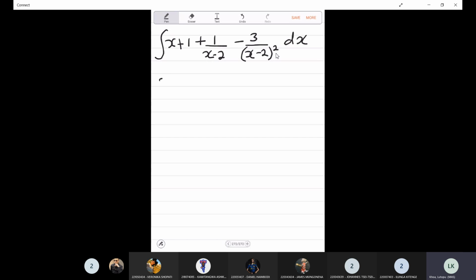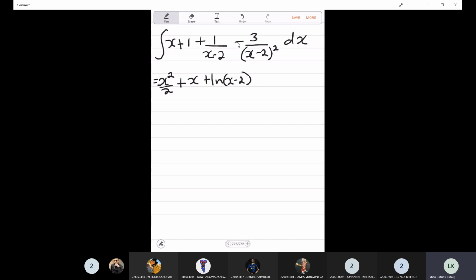This is x squared over 2, then I have x, then the integral of this is ln of x minus 2, and then here the derivative of the denominator is just 1, so I can add 1 to this exponent and then divide by minus 1 here.